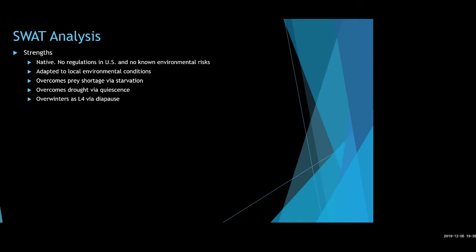They are absolutely adapted to the local environmental conditions, meaning they can deal with our droughts, our hurricanes, our floods, our tornadoes, our brutal heat in the summer and everything else, and the occasional winter that we have. They can overcome prey shortages, which I'm not sure is ever the case really, but should they ever find themselves in a vessel or container where mosquitoes can't find them, they will overcome that via starvation.